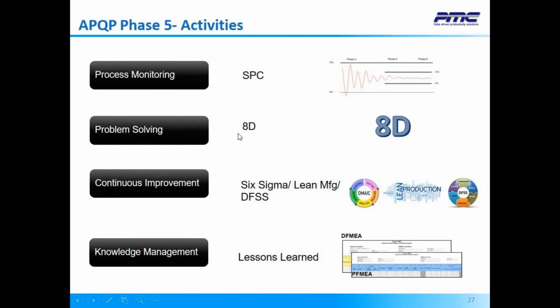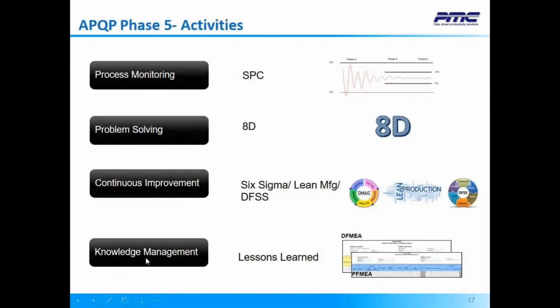For problem solving, 8D seems to be very common across the board, and some may be using A3 and others, but this is well used not only in automotive but also in other industries. As for continuous improvement: Six Sigma, Lean Six Sigma, Lean Manufacturing, Design for Six Sigma. Those are the methodologies that we use in continuous improvement during production.